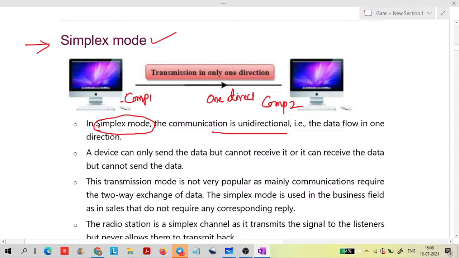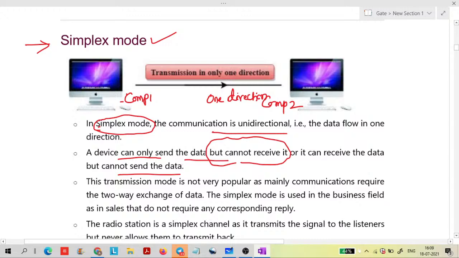That is, the data flows in one direction. A device can only send the data, but it cannot receive it. We can send the data, but we are not getting any acknowledgement. It can send the data, but it cannot receive.